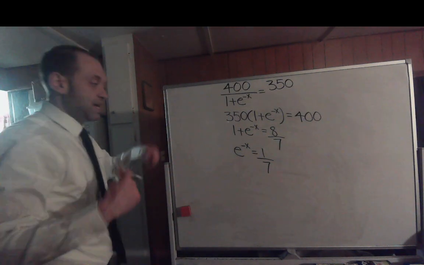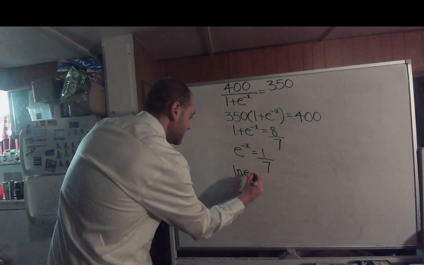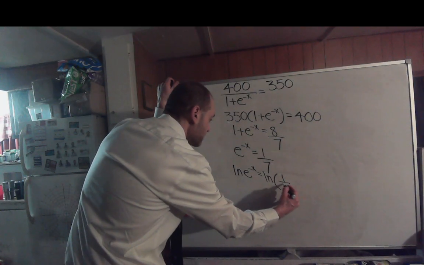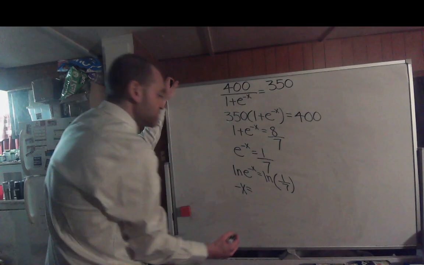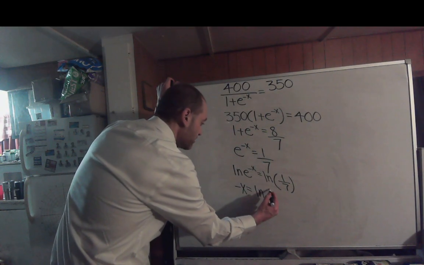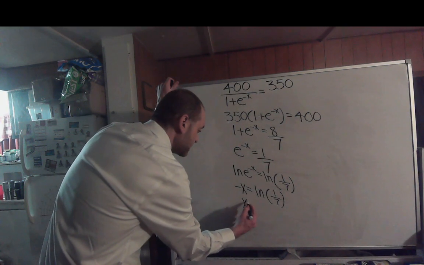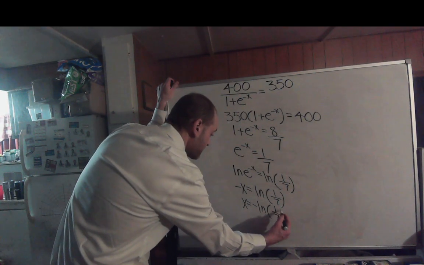Now we just take the natural log of both sides, so the natural log of e to the negative x equals the natural log of 1/7. So negative x equals the natural log of 1/7, which means x equals negative of the natural log of 1/7.